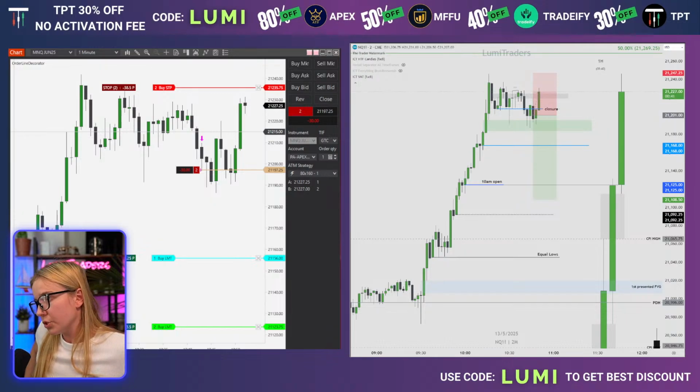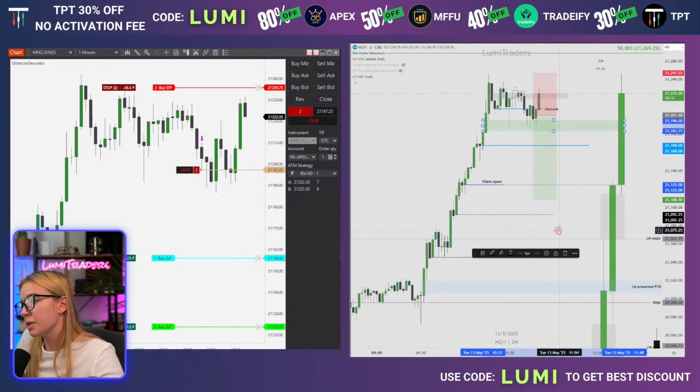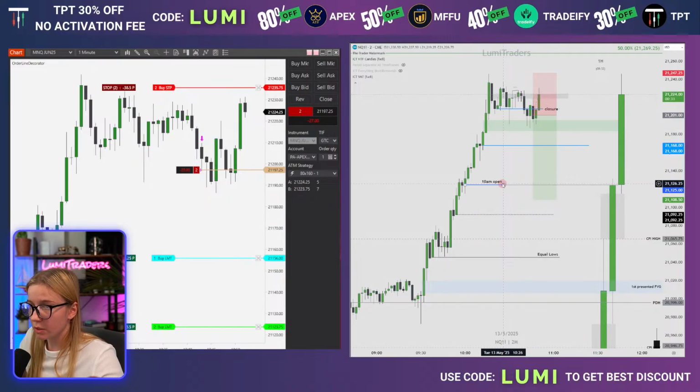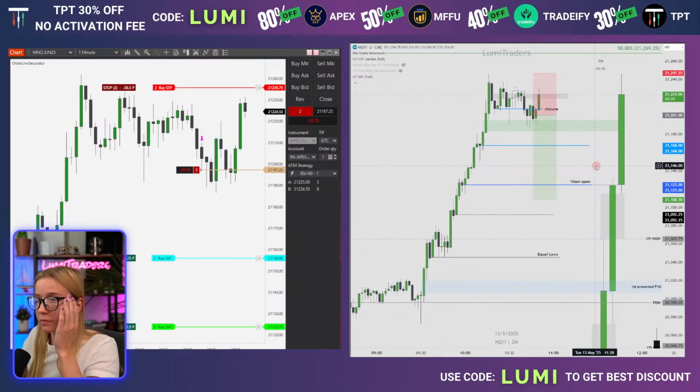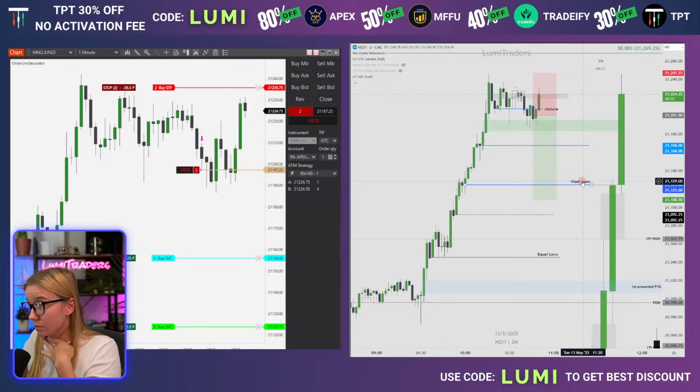Yeah, once we can inverse 2-minute fair value gap, actually this can play out to 10 AM open. But we have 2-minute order block. Maybe not perfect example of this 2-minute order block, but still. If it's going to be stop loss, it's okay.